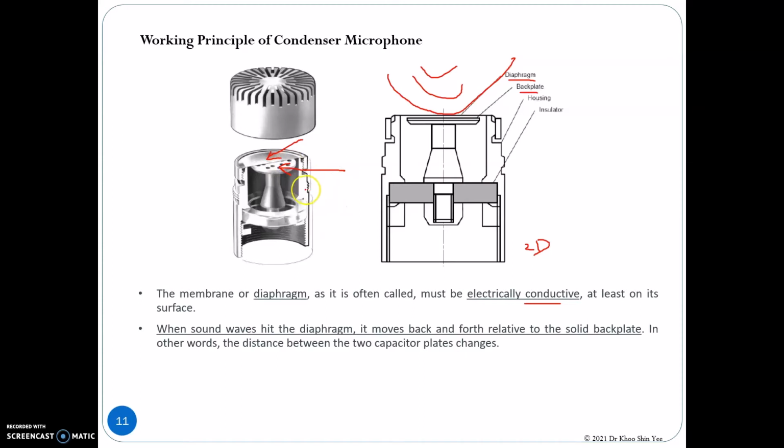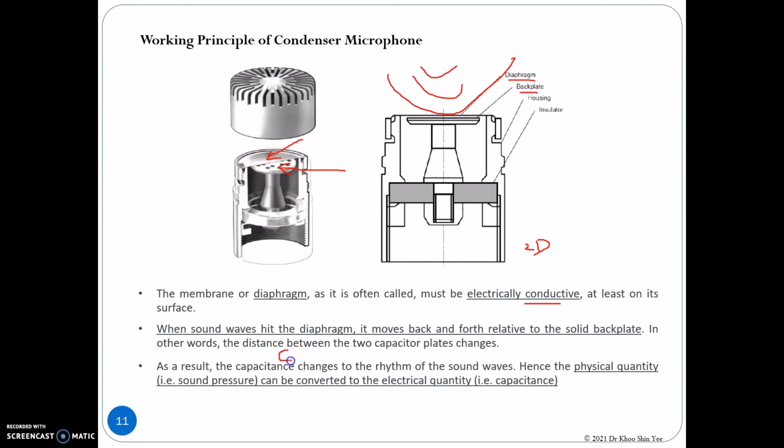So in this case, the distance between the diaphragm and the backplate will change. As a result, the capacitance will change according to the rhythm of the sound wave. In this way, the sound pressure can be converted to an electrical quantity in terms of capacitance.